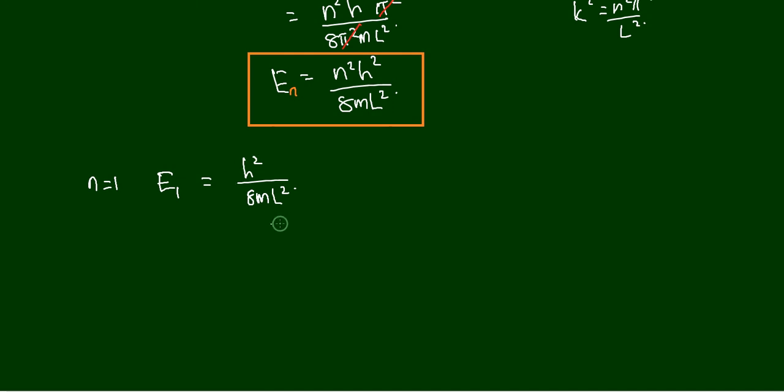It always has some positive value. h square divided by 8 m L square is a positive value, because Planck's constant is positive. L is a positive value, that is the length of the box. Mass is a positive value, so h square divided by 8 m L square is also positive. So this system always will have some energy greater than 0. Below that, an energy is not possible.